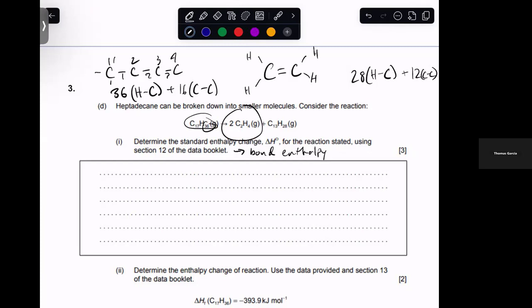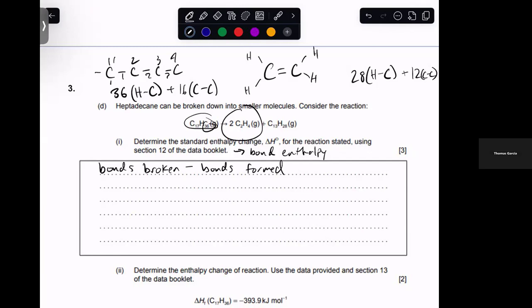So we have to know that when we're using bond enthalpy, we're using the equation bonds broken minus bonds formed. So before I even put values in, I'm going to try and keep track of how many bonds are broken, how many bonds are formed.